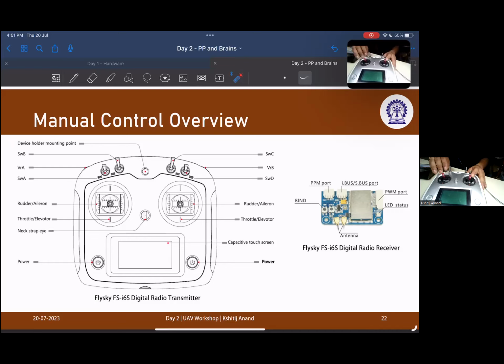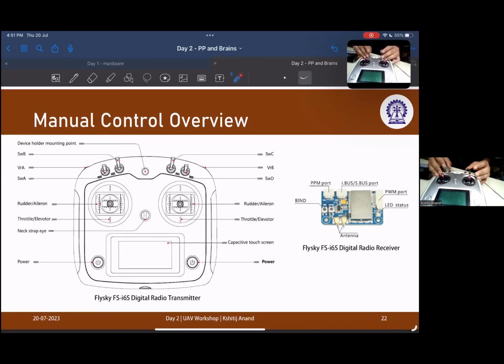That is, when we mount or arm the ESC or the motor to the battery, in the transmitter we keep this switch off so that until we switch this on, you don't have to worry about the motors turning on their own. Similarly, you can use this one for some other fail-safe purposes.